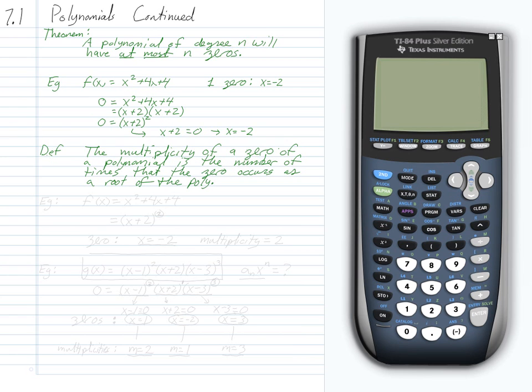Now, that's a little bit of a strange definition. To make some sense of it, let me give you an example.